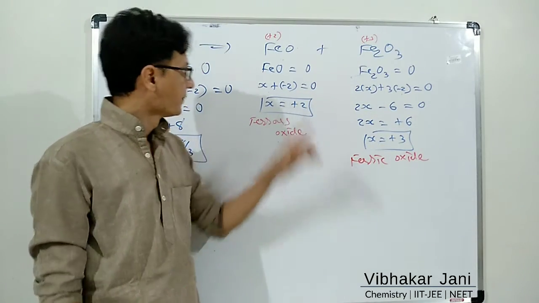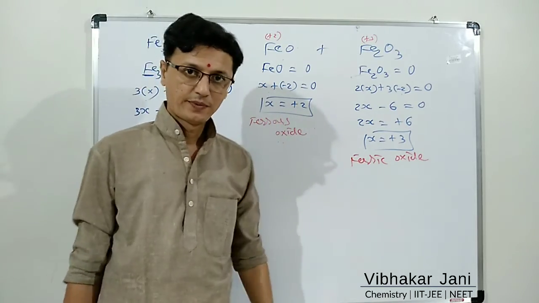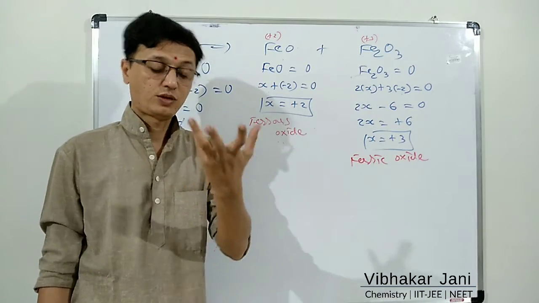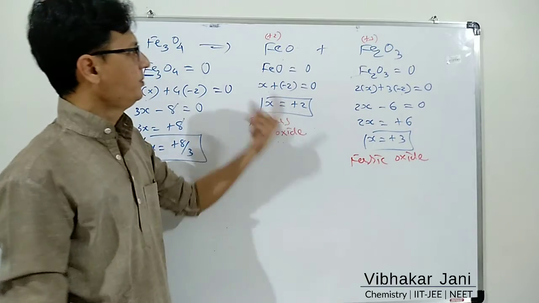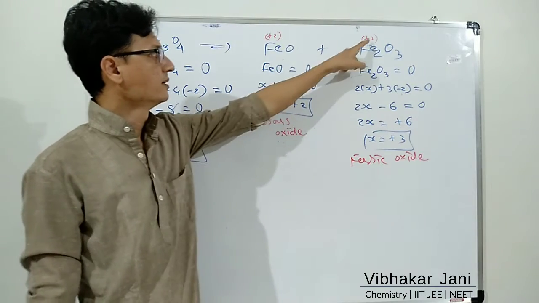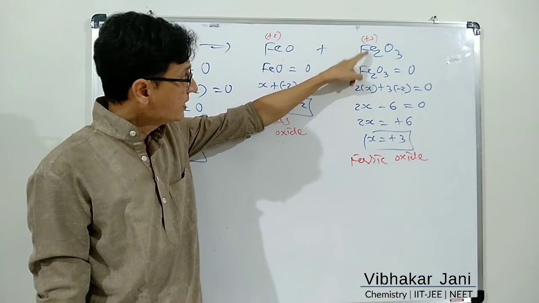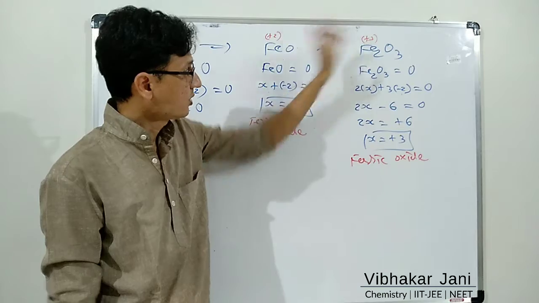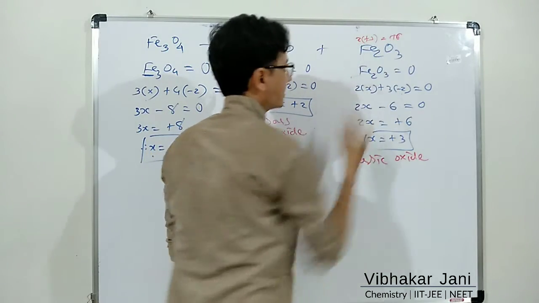Now, let us count the average oxidation state for all these Fe. Average means the total charge on Fe divided by the total number of Fe. Now, what will be the total charge? 2 plus 3 plus 3. One Fe is in +2, and here we have two Fe in +3, so that is +3 multiplied by 2, that is +6.